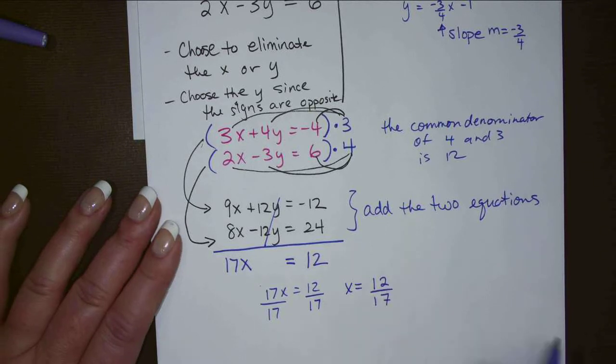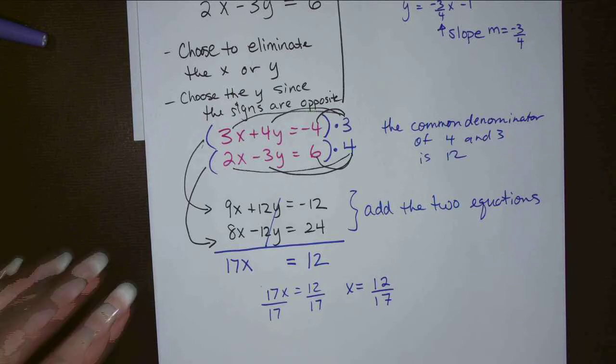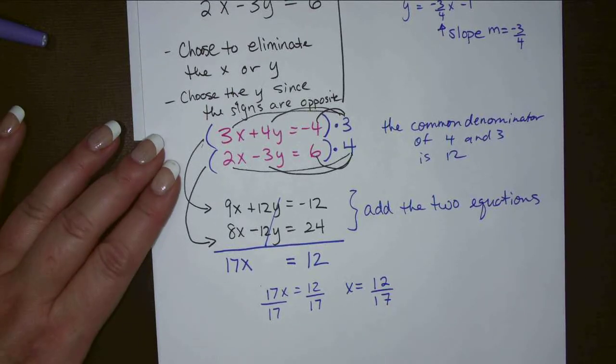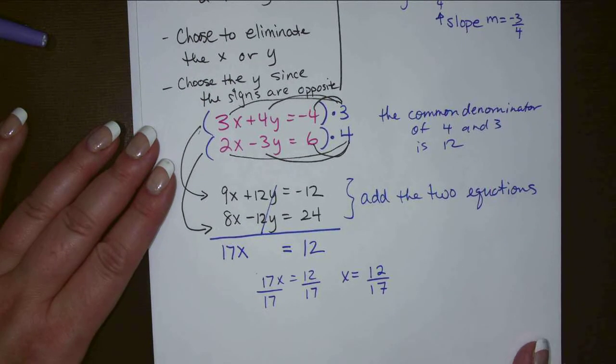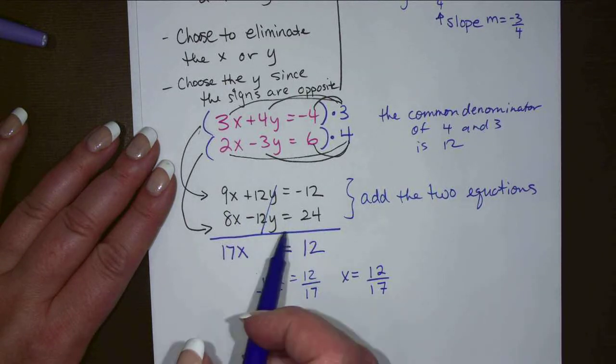Not nice, but on purpose, because we didn't do one with a fraction yet. And most intersection points are fractions. Most lines don't cross perfectly on a point, right? It's somewhere in between. How do we find the y value? Plug it into either equation. I wouldn't plug it into where you multiplied because the numbers are bigger and you don't have a calculator.